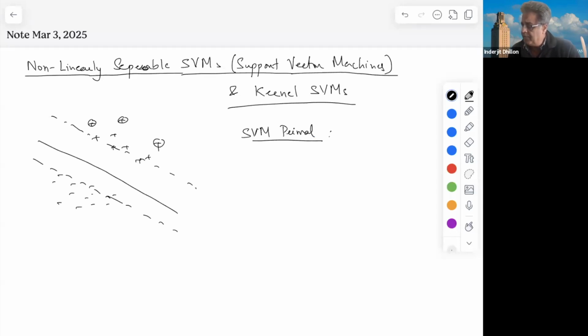that is, minimize over W and W naught, half of the 2 norm of W squared. And this margin, sorry, my drawing is not as symmetrical as it should be, is 1 divided by the 2 norm of W. And this is equal to this part. And the property is that the data is linearly separable.